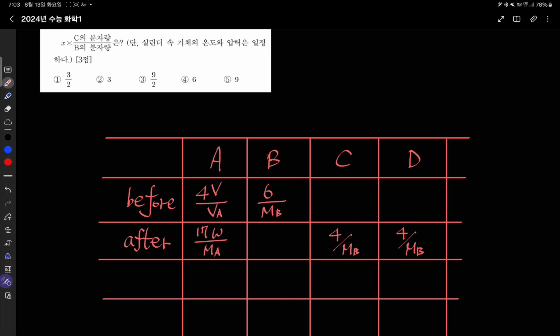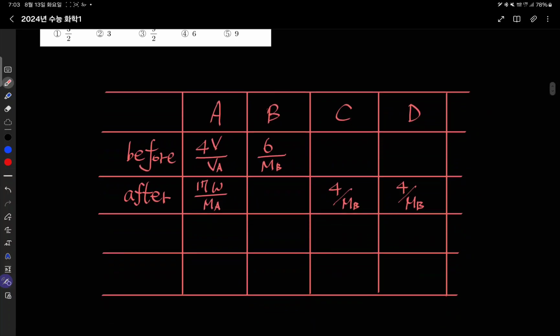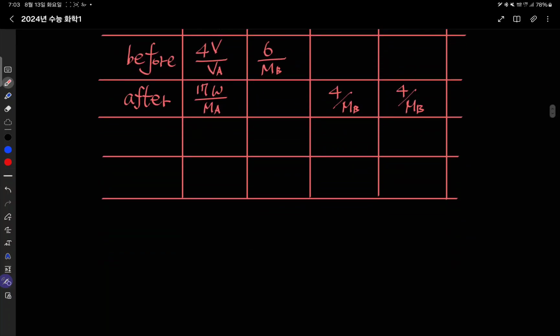To have the ratio of 3, the amount of leftover A should be the same as the amount of C or D that is produced. So from the ratio of 3, 17W over MA is equal to 4/MB.